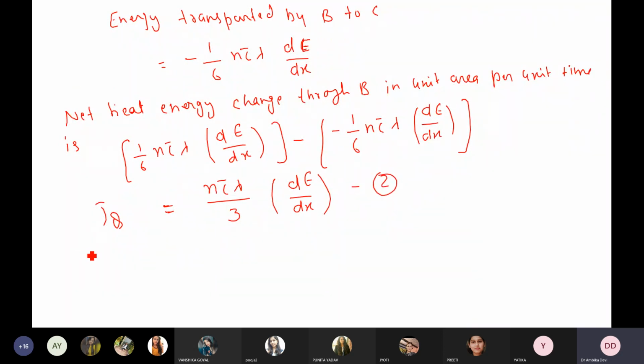So equating equation 1 and equation number 2, we can say that n c bar lambda by 3 dE by dx is equal to sigma T into dT by dx.